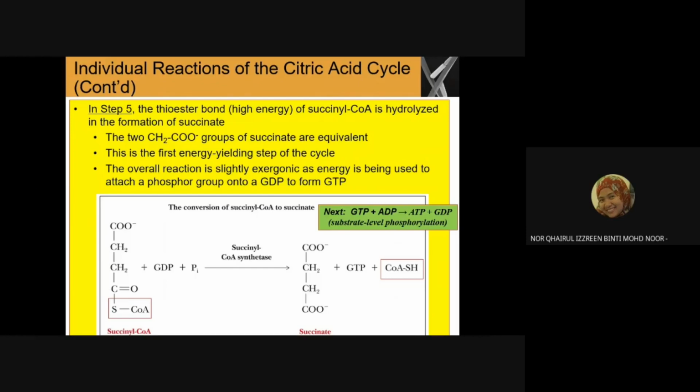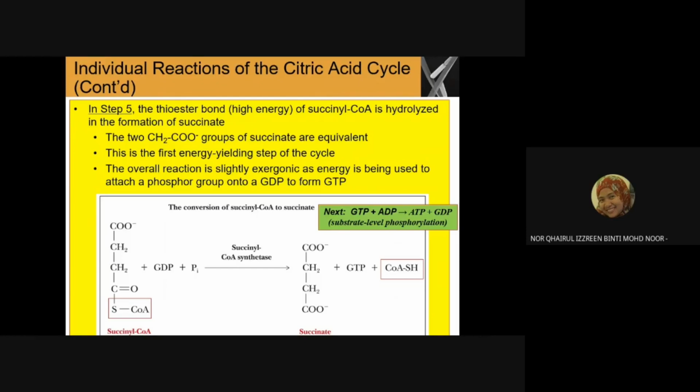But when the reaction needs to attach a phosphate group, it is endergonic, where it needs a lot of energy. So when we couple these two reactions, the energy released from the thioester bond can be used by GDP when it needs to be attached to the molecule.